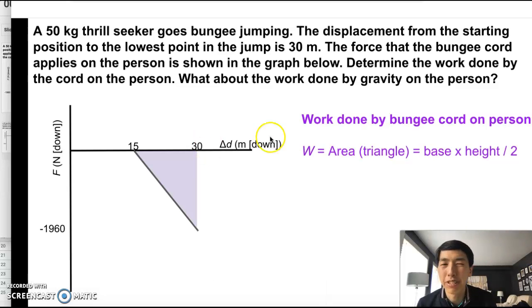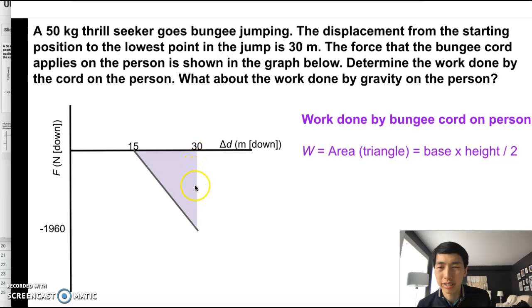So that makes the shape of a triangle. So the area of a triangle is base times height divided by 2. So what would the numbers be? So the base of this triangle, well, it goes from 15 to 30. So how far is it from 15 to 30? You subtract the two numbers and you get a base of 15 meters.